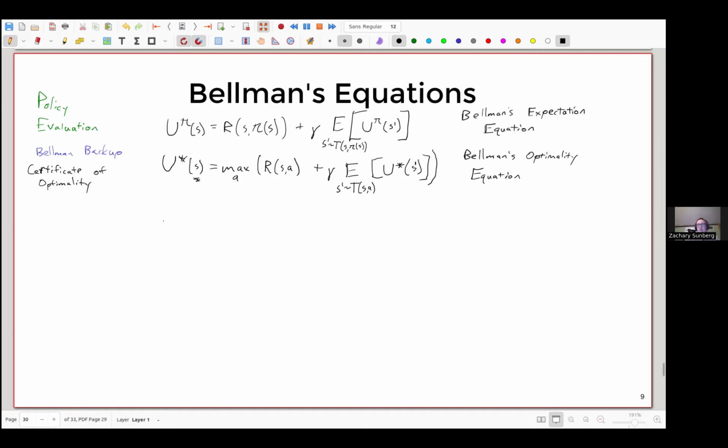Okay, so the final version of Bellman's equation is U'(s) = max over a of R(s, a) + γ times the expectation again, s' and T(s, a), of U(s'). And this is usually called the Bellman operator.